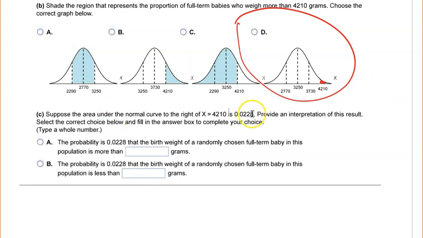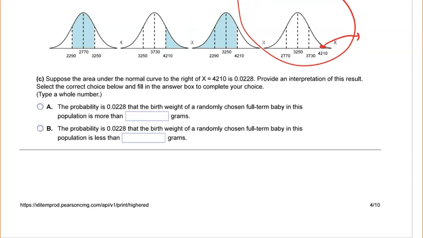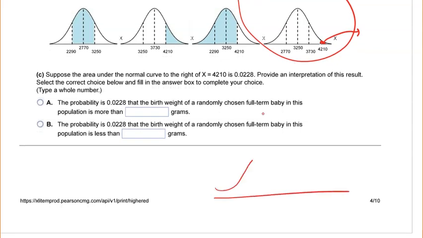What do you mean by this area being 0.0228? Here's the question. Let me draw this area by itself. If you have this graph here, let's say 4210 here.